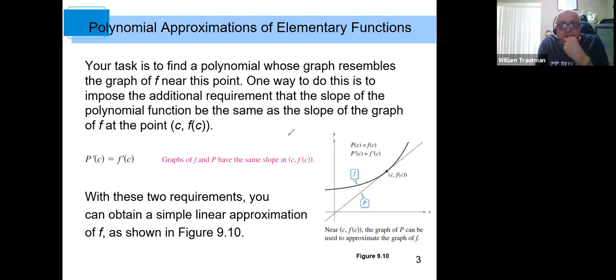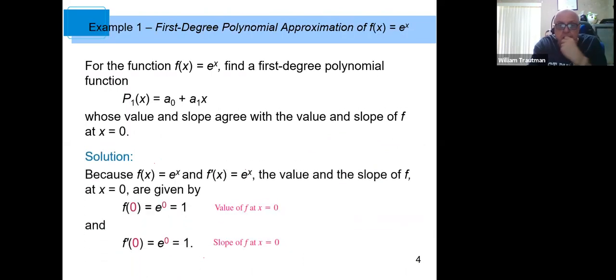And that's what the polynomials that we're going to do today do. They mimic the functions that we're dealing with as close as possible during a span of it. All right.